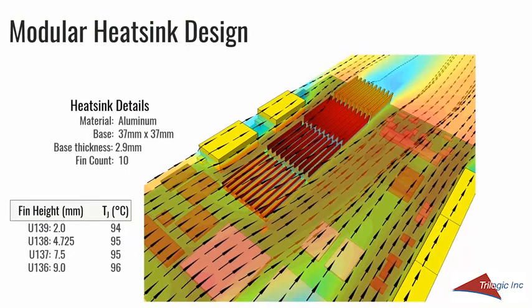To just review the results out of the Heatsink 101 design optimization, these are the heatsink dimensions and fin heights for this modular heatsink design, and the design optimization result was that almost all those components are exactly the same temperature.